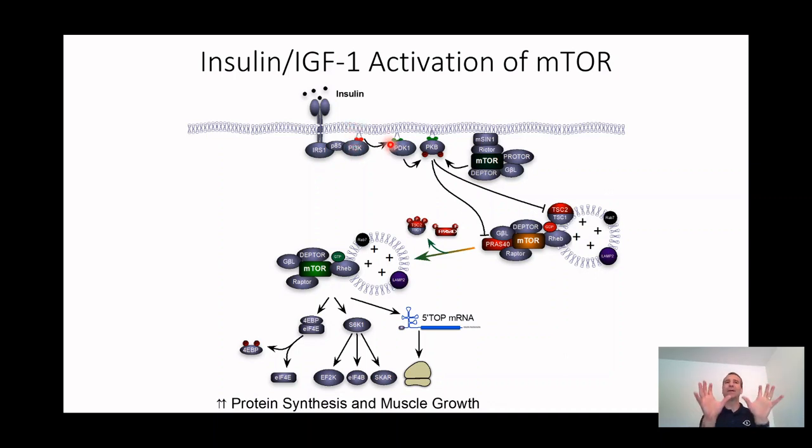PIP3 is now bound by PH domain containing proteins like PDK1 and PKB. PKB is the important one. PDK1 is the upstream kinase, and it phosphorylates PKB at threonine 308. PKB, because it's up at the membrane and because it's already been phosphorylated at 308, can now be phosphorylated by mTOR complex 2 on serine 473.